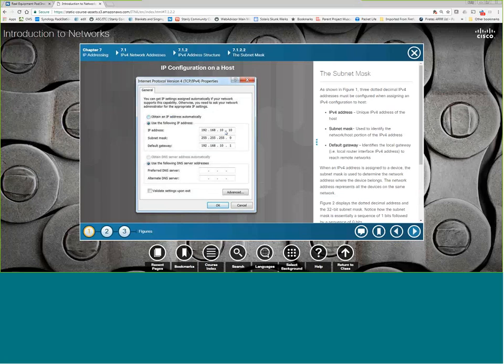So this is saying that in the address above, the network portion is the first 3 octets. And in the final octet, where there are zeros, that is the host portion. Then the default gateway will be the IP address of the router interface that's closest to you, or actually on your network, and has an IP address assigned to it.